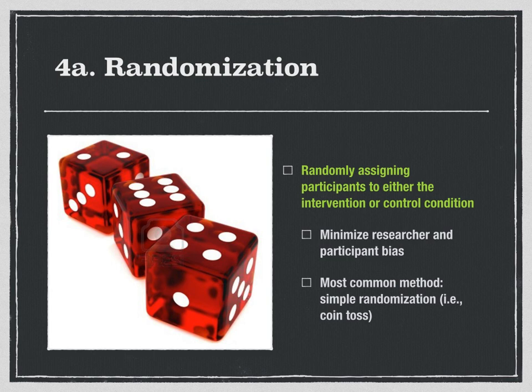Not only is this unethical, whether or not you do it on purpose, this also biases the outcome. The most common type of randomization is simple randomization, which is essentially using a coin toss to determine group assignment for each participant. There are other types of randomization that take demographics and clusters into consideration, but those are for very complex study designs, and we won't worry about them here.